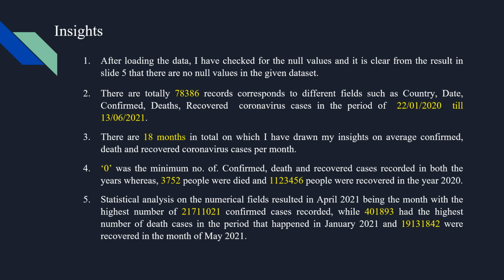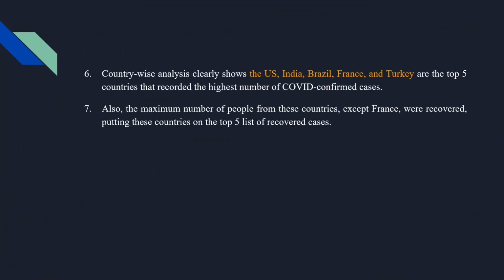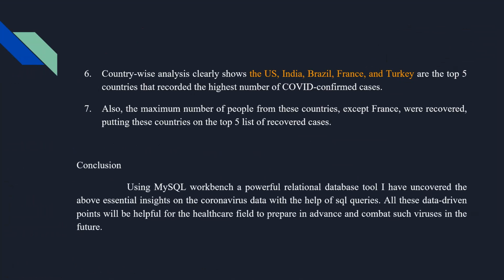Also in the same year, 11,23,456 people recovered. And our statistical analysis showed April 2021 being the month with the highest number of confirmed cases, which is 2 crore 17 lakh 11,021, while 4 lakh 1,893 was the highest number of death cases, which occurred in the period January 2021, and in the month of May 2021, many people recovered. This was followed by country-wise analysis, which clearly showed US was the top country with the highest number of confirmed cases, followed by India, Brazil, France, and Turkey.